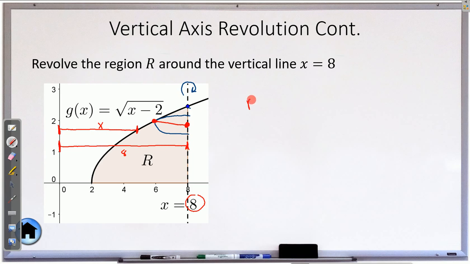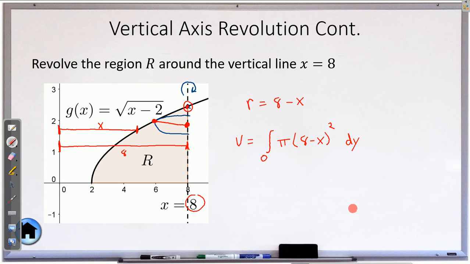So our radius will be 8 minus x. So our volume will be the integral. Let's see, vertically, where are we going? We're starting here at 0 still, and we're going all the way up to where? All right, we'll get back to that. Let's finish off everything else. Pi times (8 minus x) squared dy.